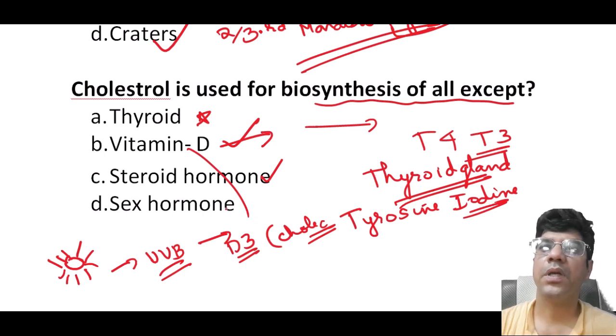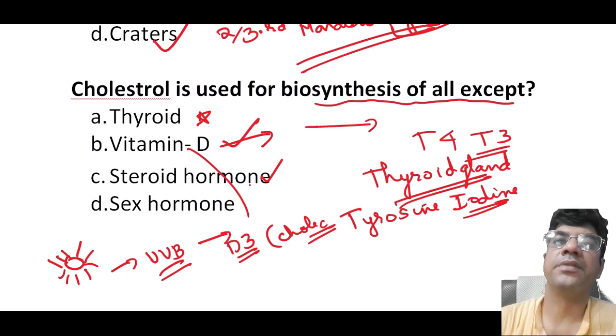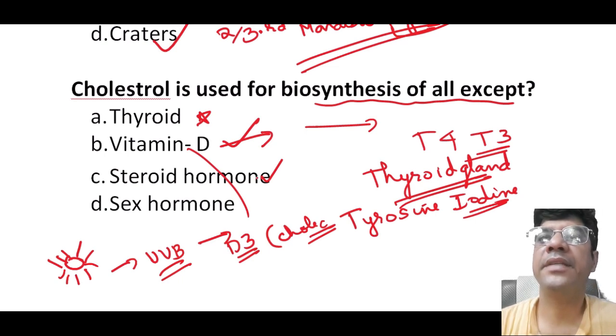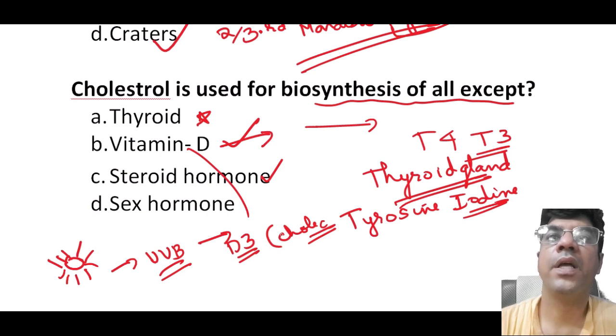The sex hormones including androgens like the testosterone, and estrogens, they are synthesized from the cholesterol in the gonads. In a male, the testosterone, we know it is primarily produced in the Leydig cells of the testes, and it is important for development of the male reproductive organs and secondary sexual characteristics.